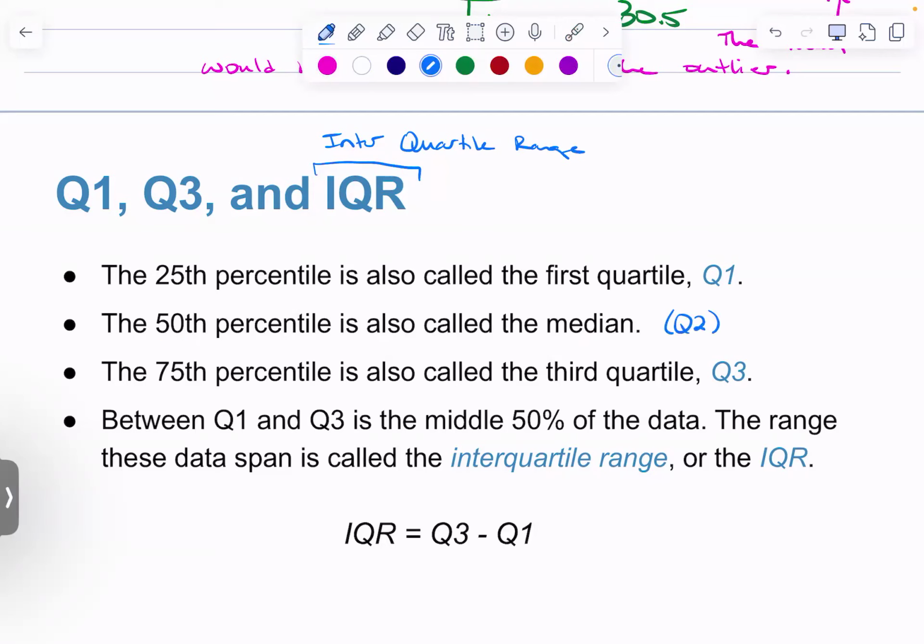I just like putting a name on it if we have it, which is the median. But it is Q2, the second quarter, or 2/4 of the data below it. 2/4 is half, which means you have half above it. The 75th percentile is your Q3, your third quartile.